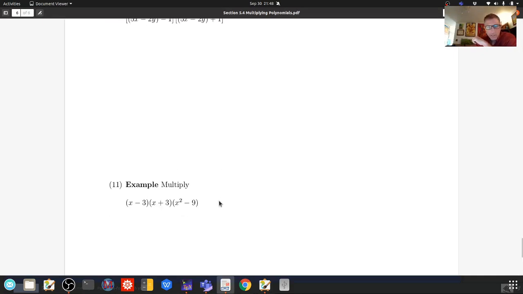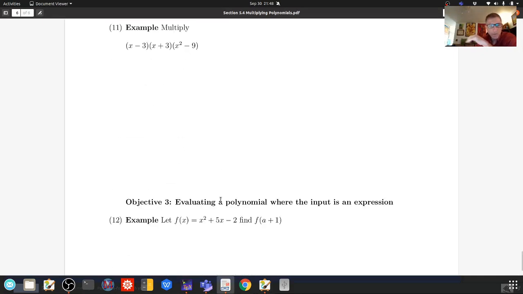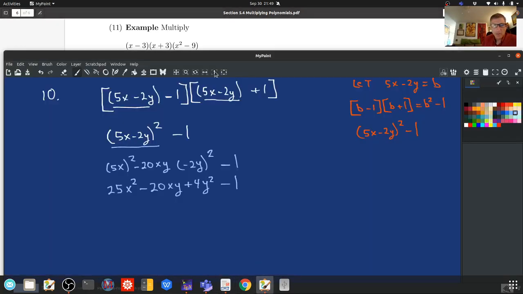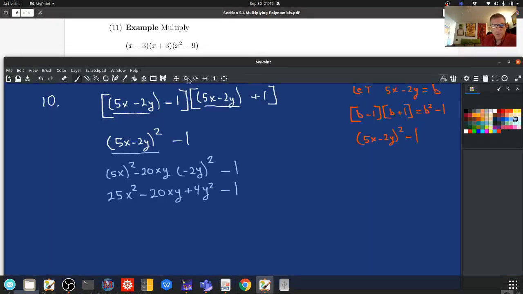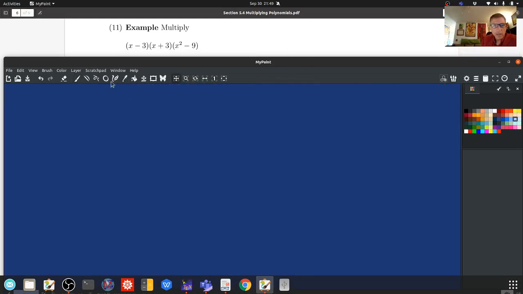So here is another good example. Now, number 11 is very much like an example you would see on an exam, because I'm able to add 2 skills on 1. So let's do number 11.